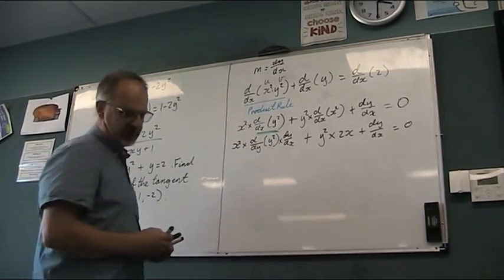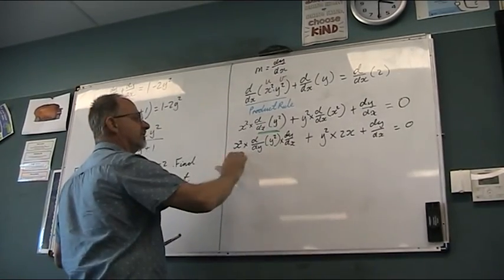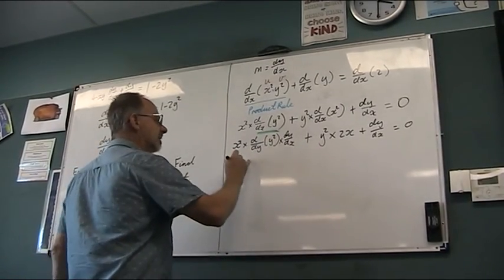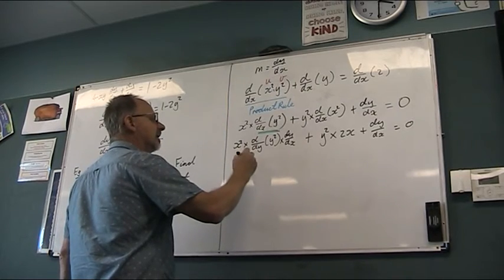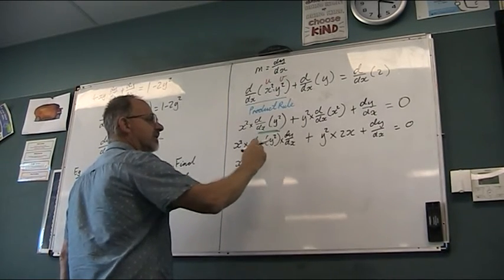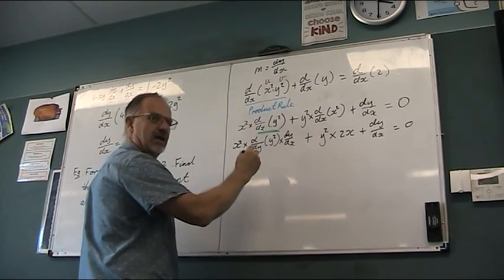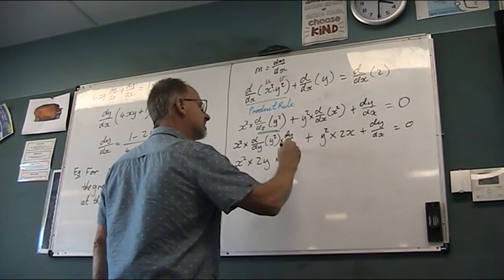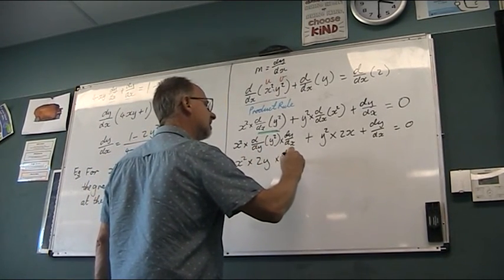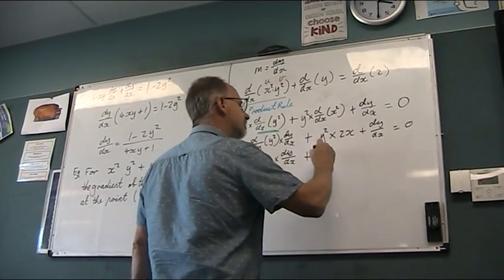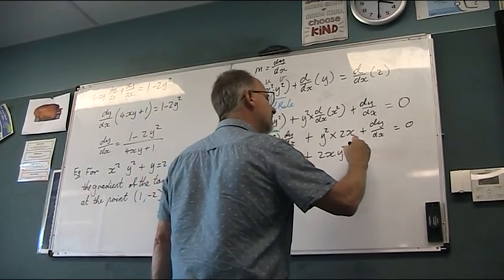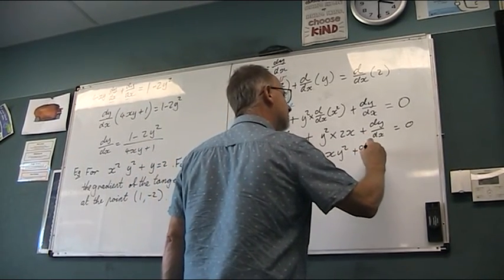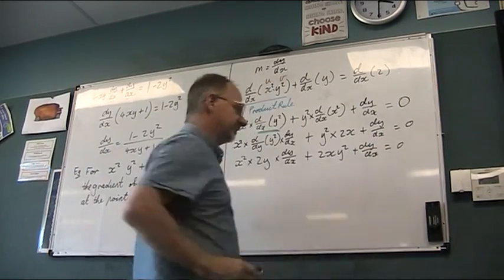Alright, that's this first term, let's neaten it up. So I've got x squared, and when I differentiate y squared with respect to y, I get 2y times that dy/dx that's there, plus 2xy squared plus dy/dx equals 0.